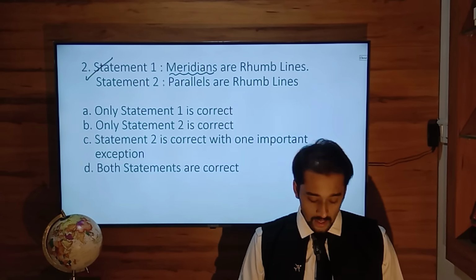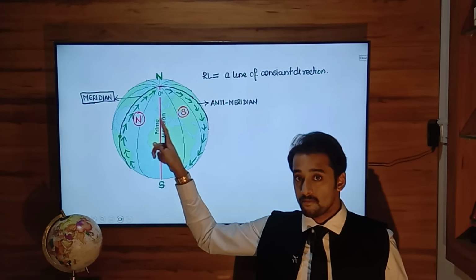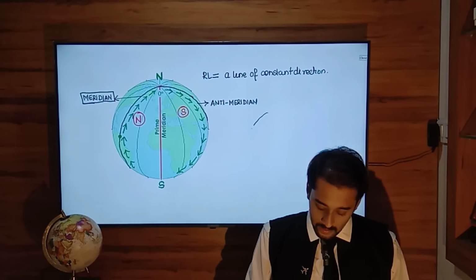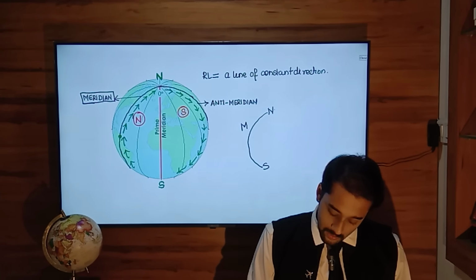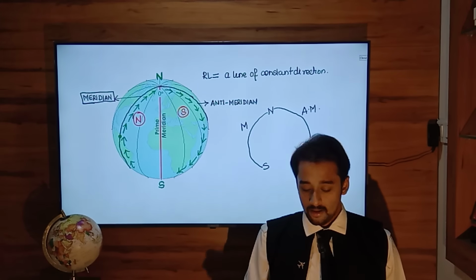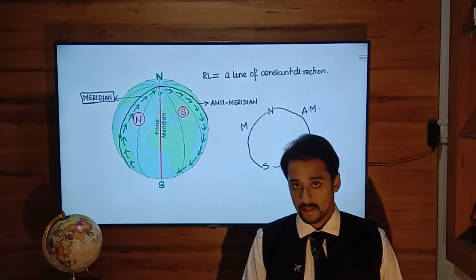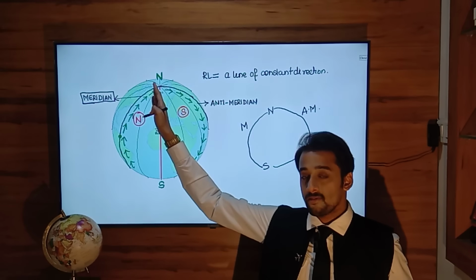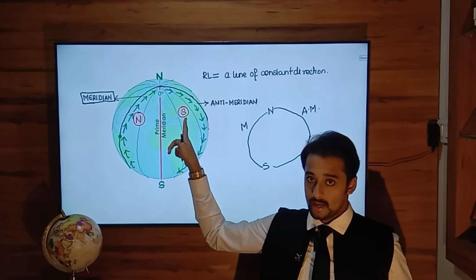Therefore, our meridians will be called rhumb lines, because along a particular meridian, either way you go, your direction of flight will be the same. Now, if you consider a meridian and its corresponding anti-meridian together, through the North Pole and South Pole, both of them together will not be a rhumb line, because after flying along a particular meridian, when you go to its anti-meridian, the direction of flight changes automatically.